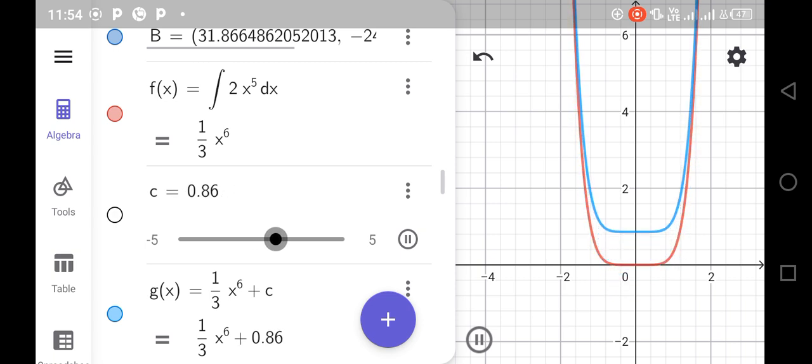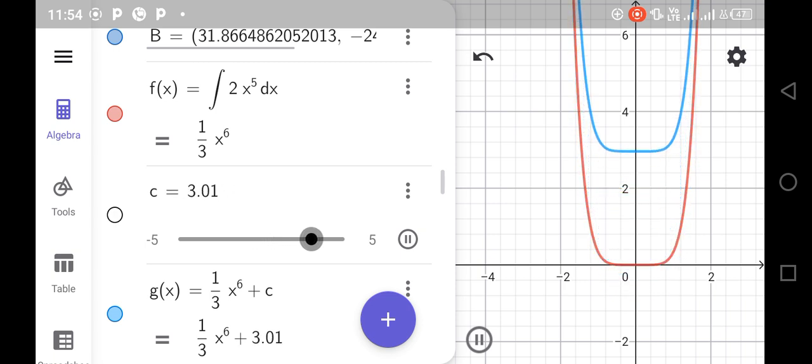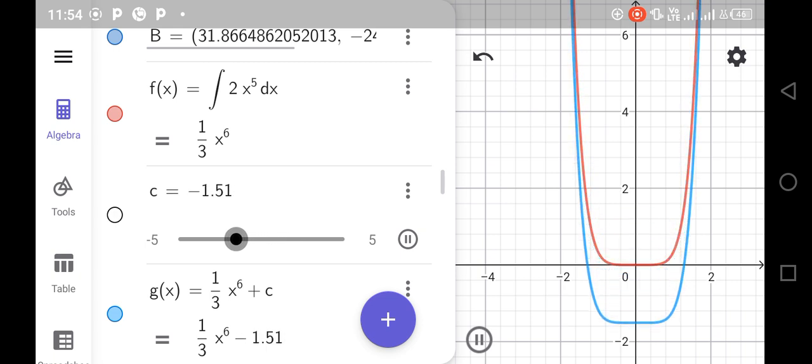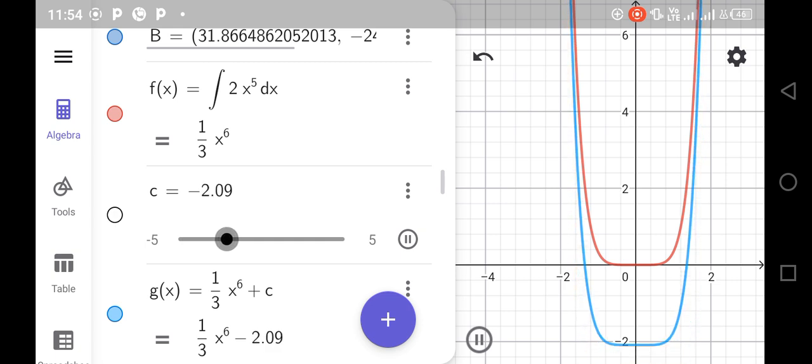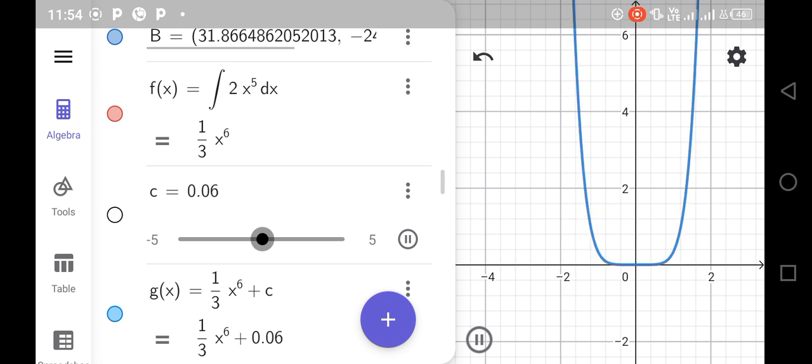The constant can either be negative or positive. When it is positive, the curve moves up as we move to a positive y-intercept, and when it is negative, the curve moves down, as we have seen.